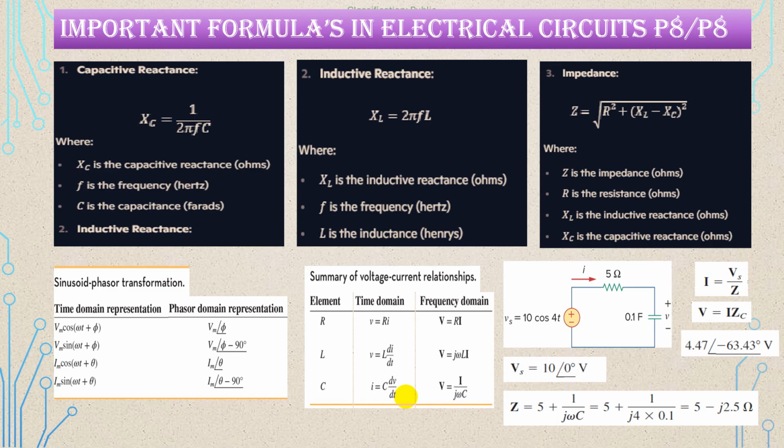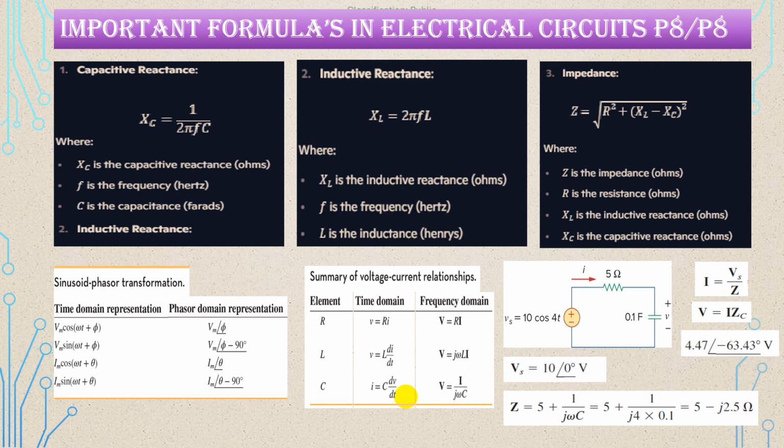For division, both should be in polar form. For addition and multiplication, both should be in the rectangular form, A plus jB, like this. For division, both should be in the polar form. It is easy. How? Polar form on the top and polar form on the bottom.